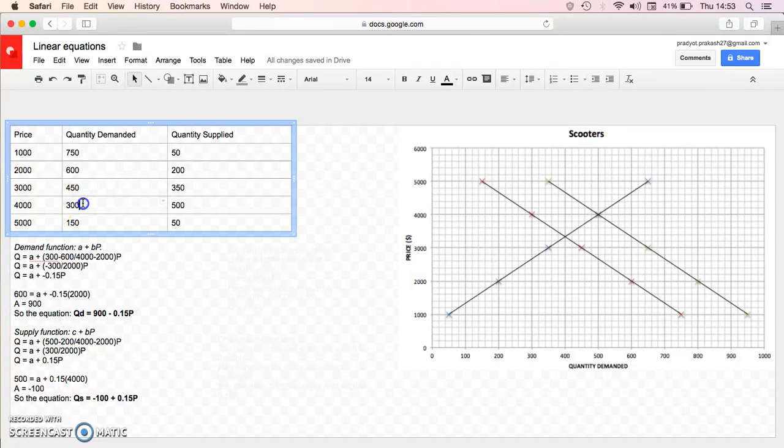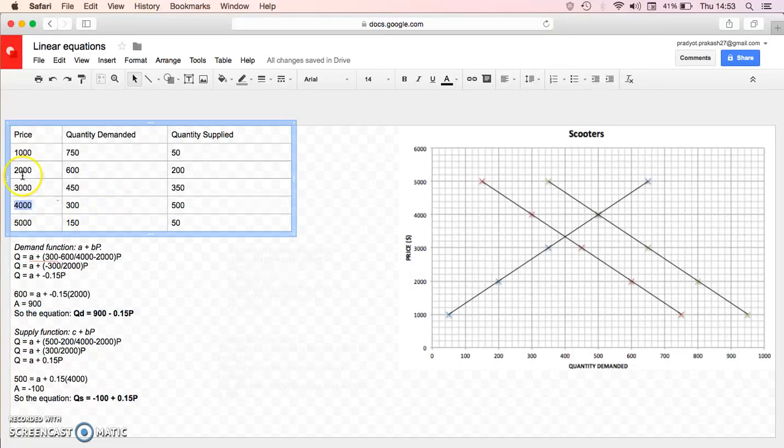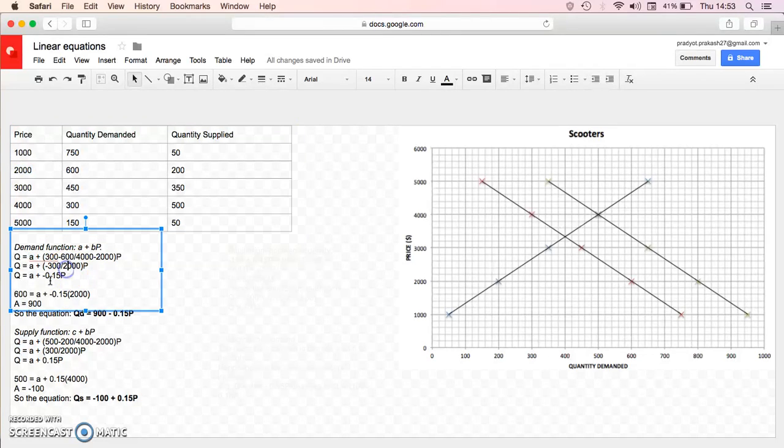So this gives us 300 minus 600 over 4,000, which is the price, minus 2,000. Be careful to use the same values. So then we calculate this out, which is negative 0.15. And here we have our equation, Q equals A plus negative 0.15p.